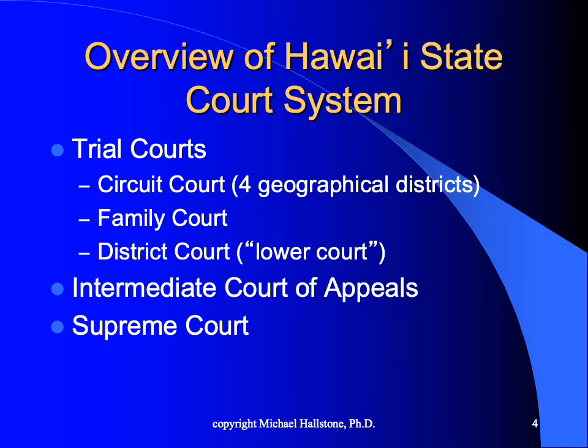Family court looks at things like child molestation, child welfare issues like that. So it's generally involving children. It also deals with divorce, domestic violence, stuff like that. Okay. So that's what the family courts do.